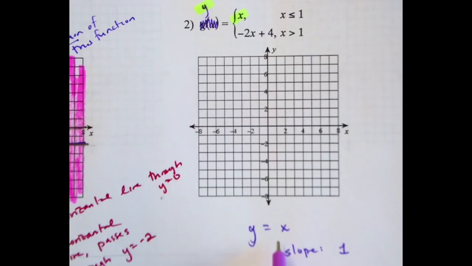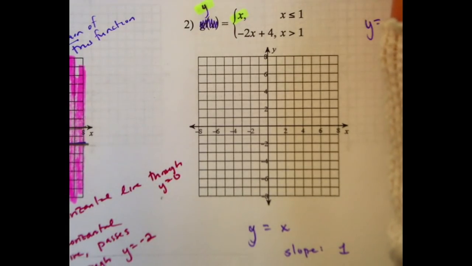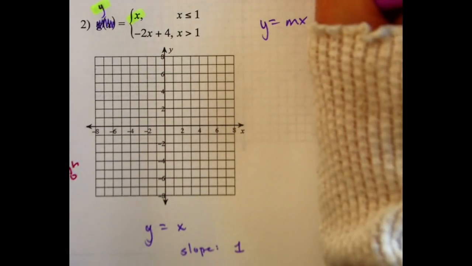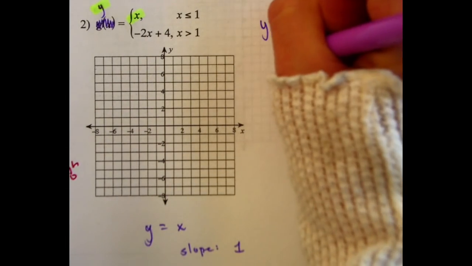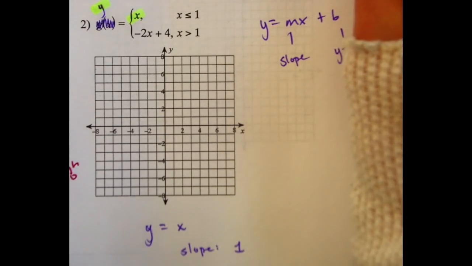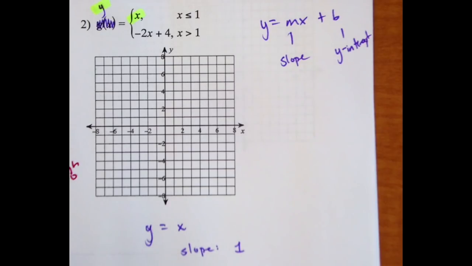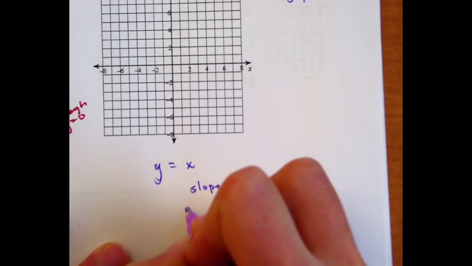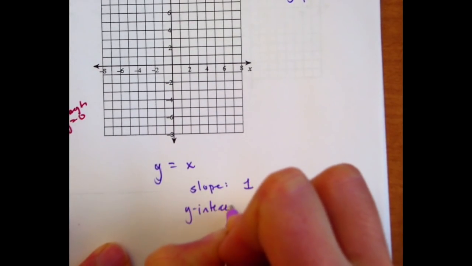I'm using the form y equals mx plus b, where m is the slope and b is the y-intercept. So in this function, the slope is going to be 1, and the y-intercept is going to be 0.